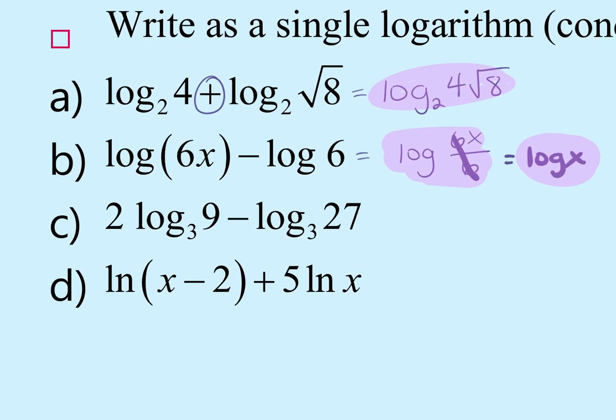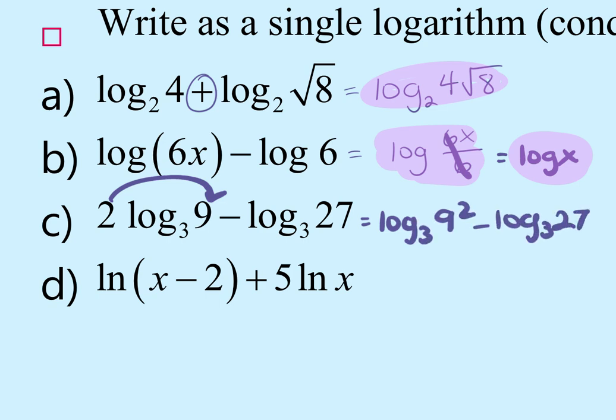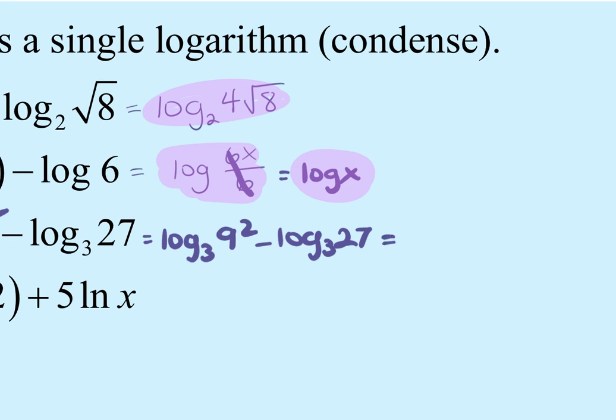Now C, the first thing you want to do is bump your exponents. So 2 goes to the 9. So this becomes log base 3 of 9 squared minus log base 3 of 27. And then because it's minus, it becomes what? Division. Log base 3, 9 squared over 27.